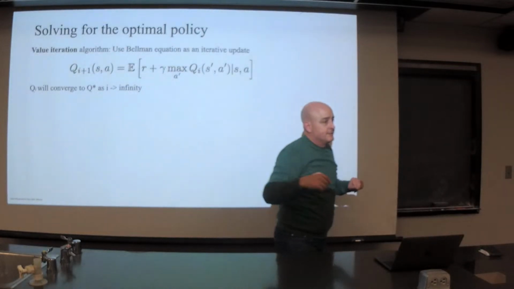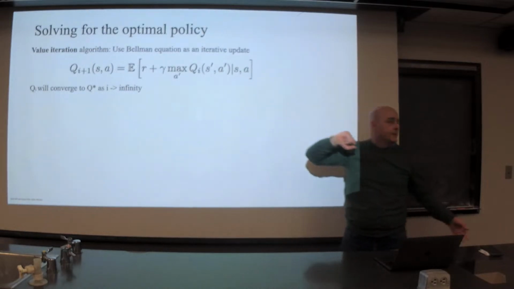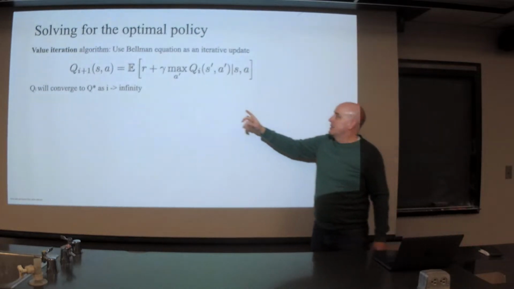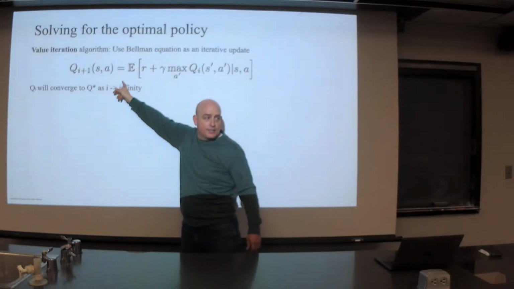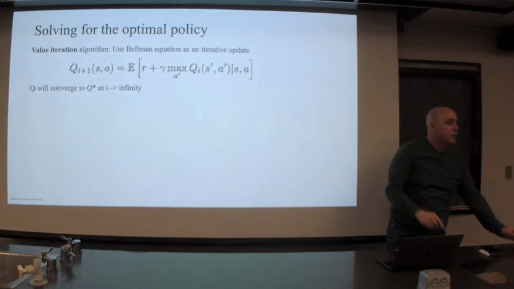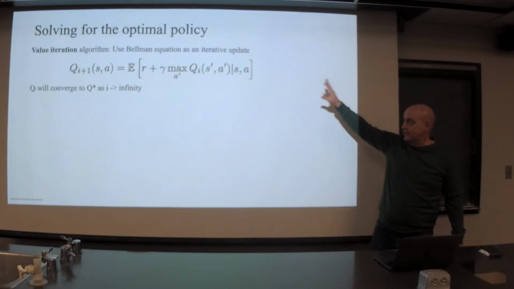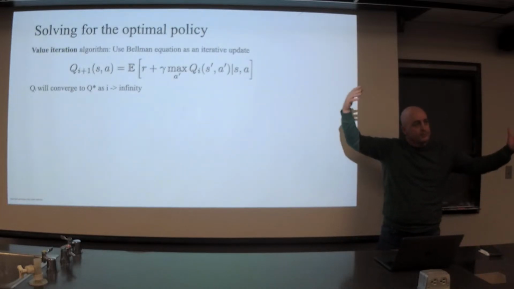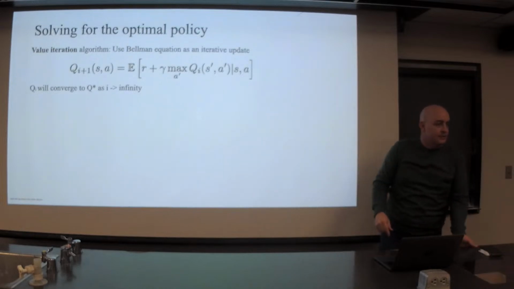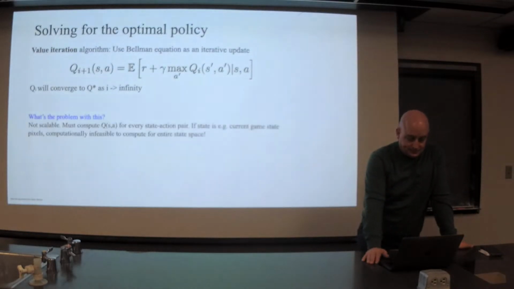Just think about if you were to try to do this for even a simple Atari game, this would be an expectation over all the possible state spaces, right? That doesn't make any sense. There's too many to enumerate. So you actually can't do this computationally for large enough, complex enough state spaces and action spaces. It's just not computationally feasible.